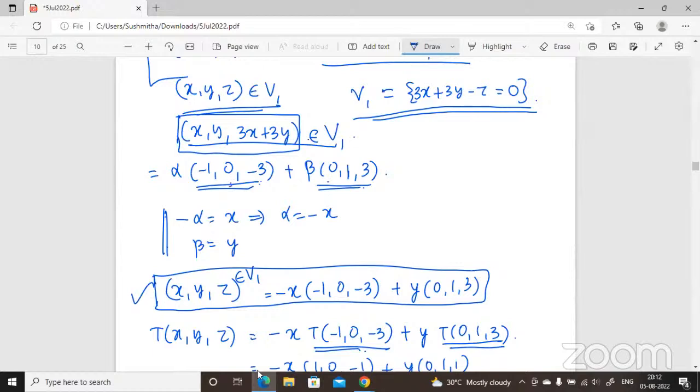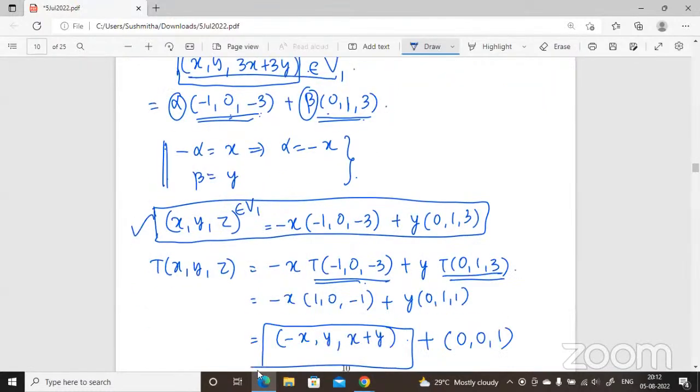Because the basis spans the vector space, right? Okay. So I am finding out what the coefficient is here. So any point in V1 can be written as minus x times this vector plus y times this vector. Now I am applying the linear transformation. Okay, understood.